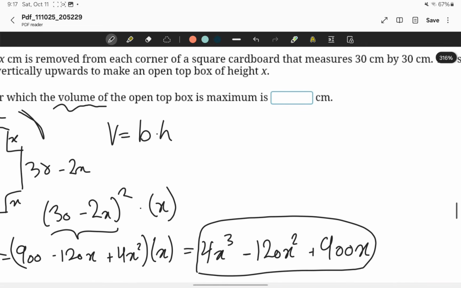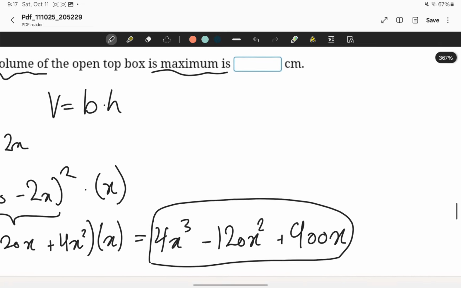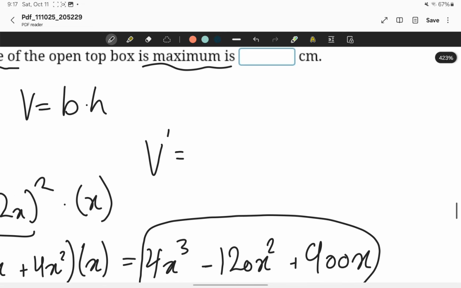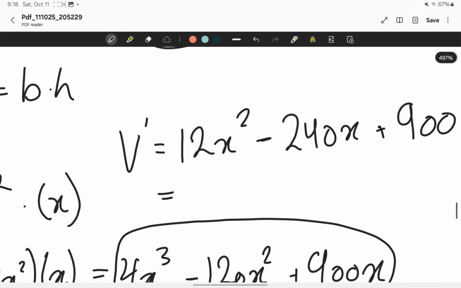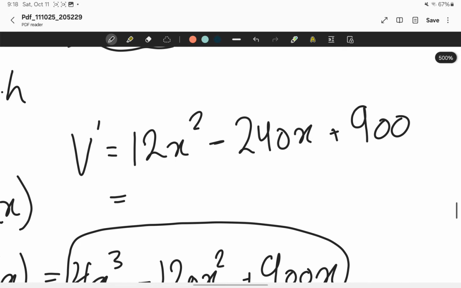And remember, we're optimizing and they want the maximum, so we derive, then equate to 0. If we derive this, we should get 12x squared minus 240x plus 900. That's the derivative. Now we're trying to factor it. You could just put this on the calculator and you get x equals 5 and x equals 15.